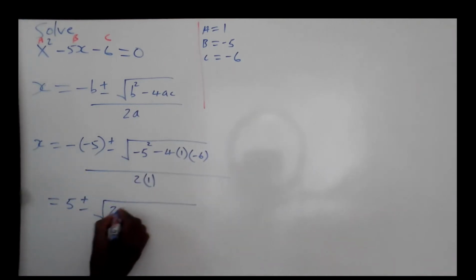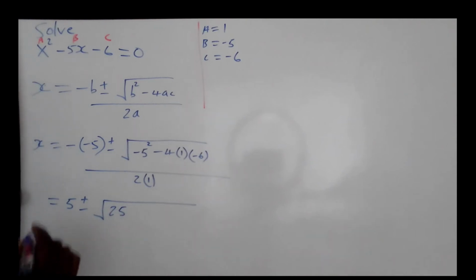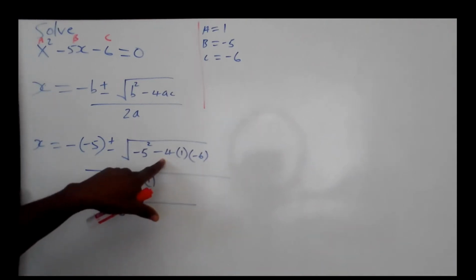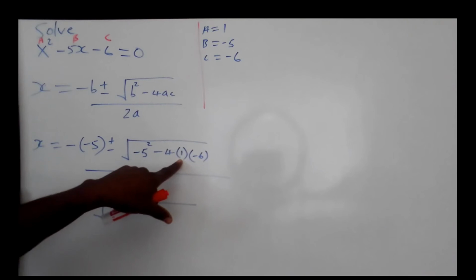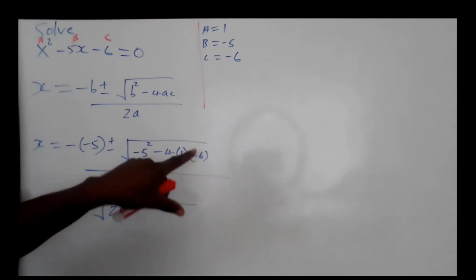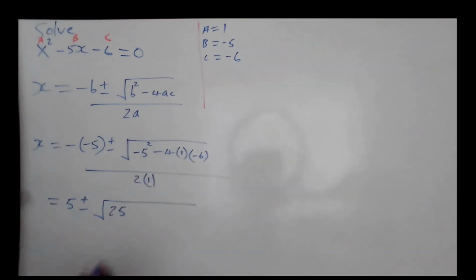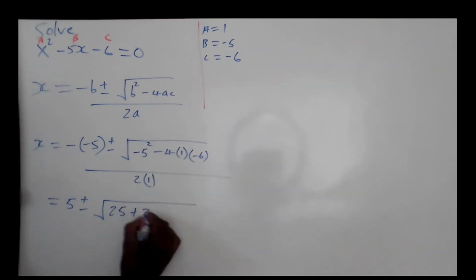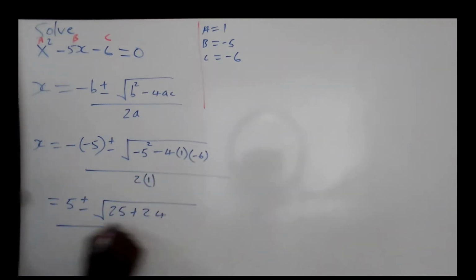So we have a positive 25. Negative 4 times 1 is negative 4. Negative 4 times negative 6 give us positive 24 all over 2.